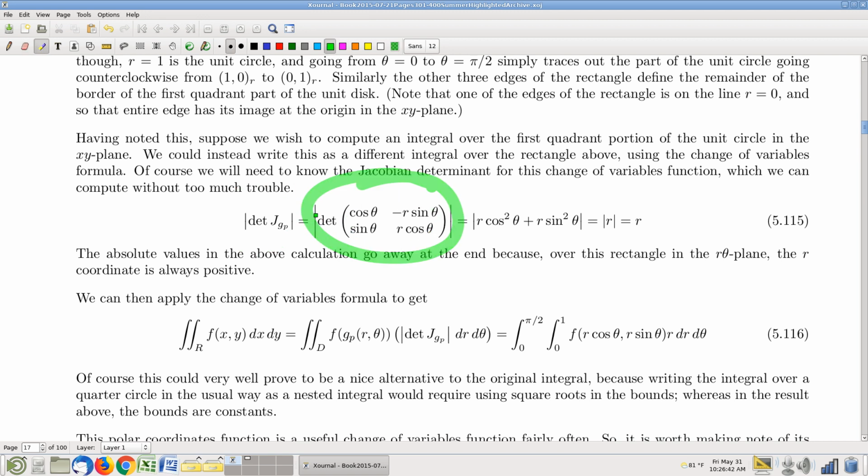Everybody should do this once in their lives. I did mine already. Y'all do yours. So write out that Jacobian directly from the original function, compute those partials, take that determinant, and what you'll find is that you get absolute value of r. Because, of course, don't forget, the stretching factor is the absolute value of the Jacobian determinant.